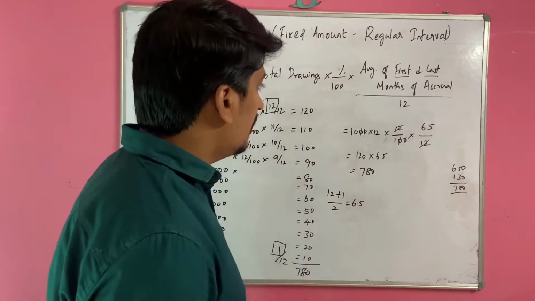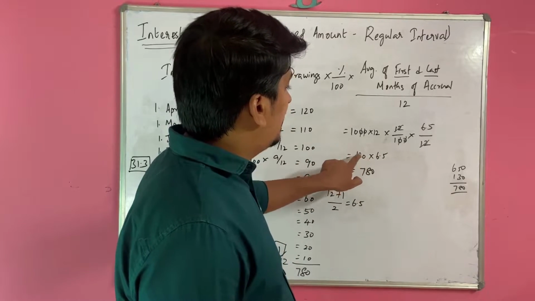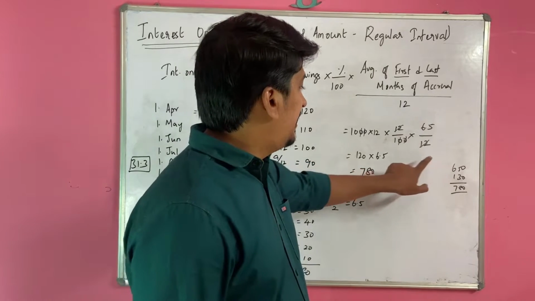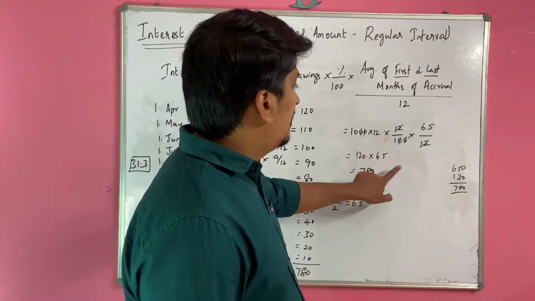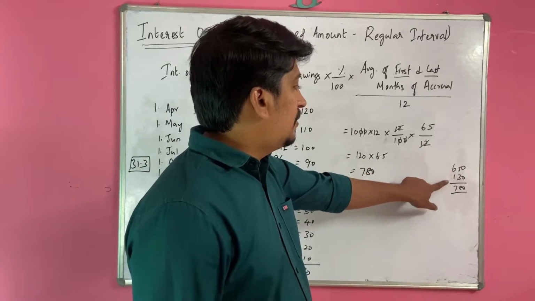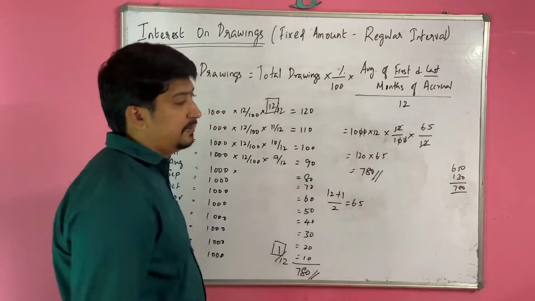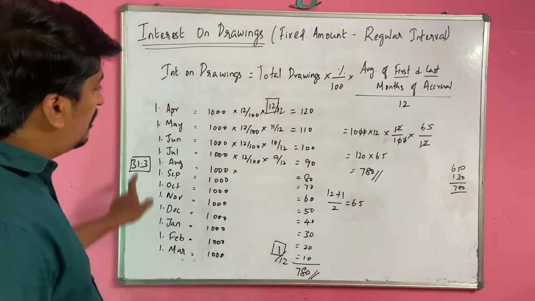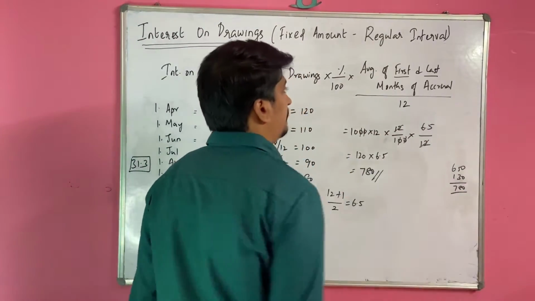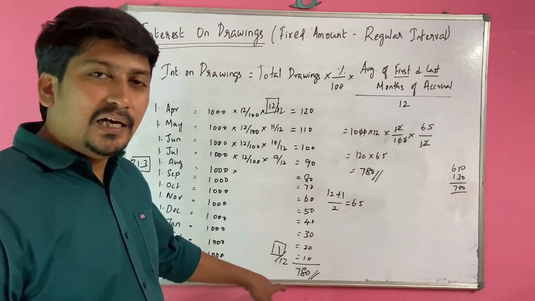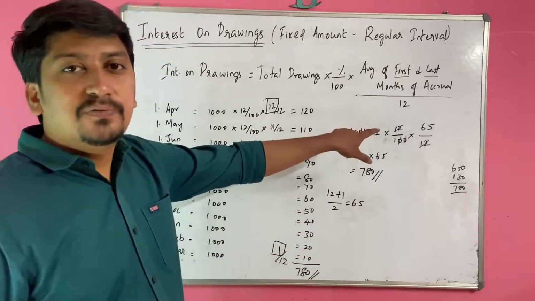What I have done here is I just split 120 into 100 plus 20. 100 into 6.5 is 650. 20 into 6.5, that is 2 into 6.5, 13, then a 0, 130. So total 780. See, we got exactly the same value, but there it was a lengthy process, and here it became just a single step. Now you understood that both give you the same answer. So it is better to follow that method.